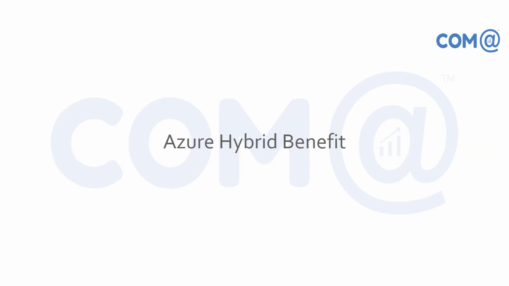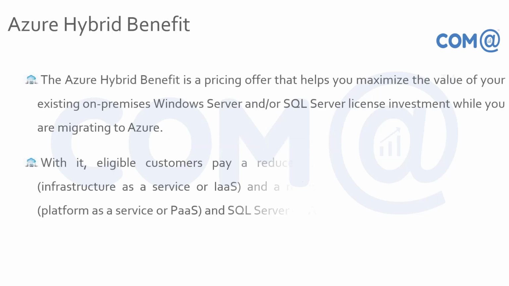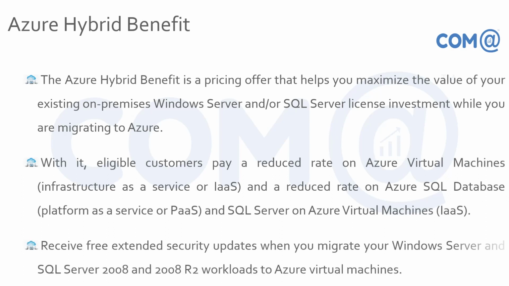And Azure Hybrid Benefit. Azure offers another option: the Azure Hybrid Benefit is a pricing offer that helps you minimize the cost of your existing on-premises Windows Server and SQL Server license investment while you are migrating to Azure.